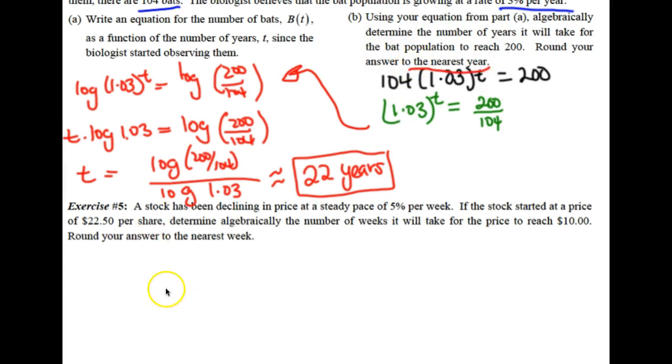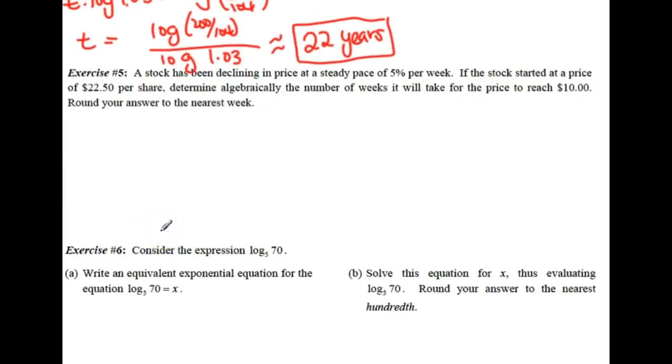Okay? Now, exercise 5 says, a stock has been declining in price at 5% per week. Declining, so that's like an exponential decay. If the stock started at 22.50, determine algebraically the number of weeks it'll take for the price to reach 10 bucks. So let's write our equation first thing.